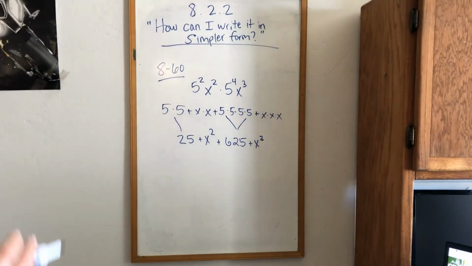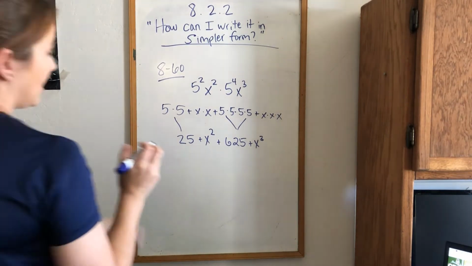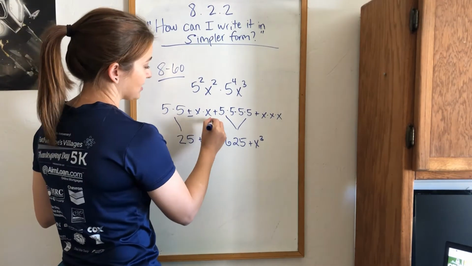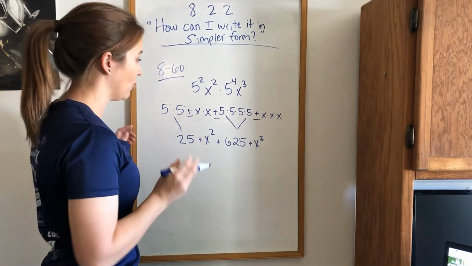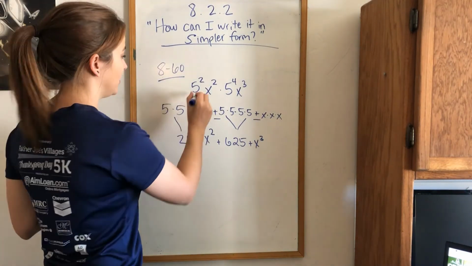It says, do you agree with her work so far? And if you don't agree, write her a note explaining how to correct her work and find the correct simplification. So I'm looking at it and I don't agree based on the fact that she added in these plus signs for some reason when the whole thing is multiplied no matter what.